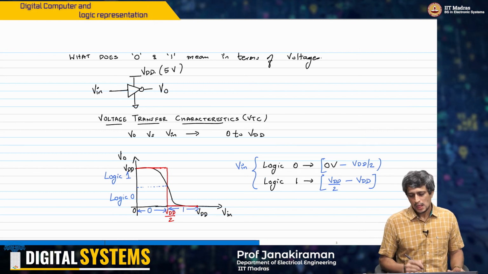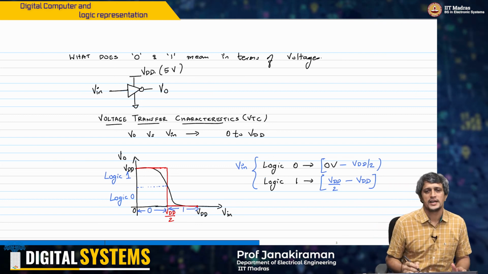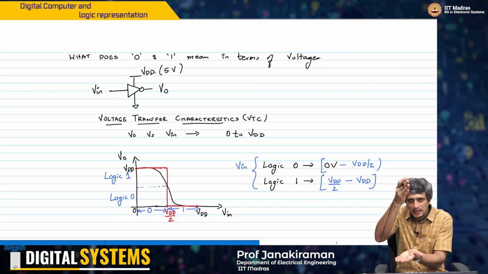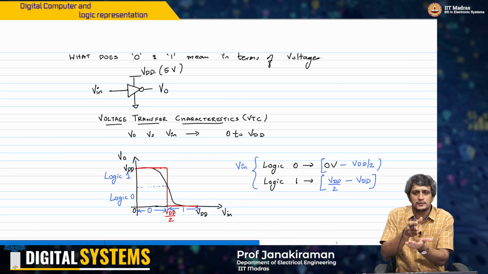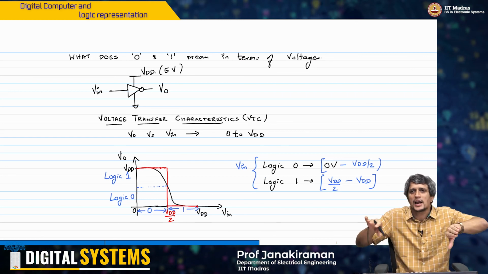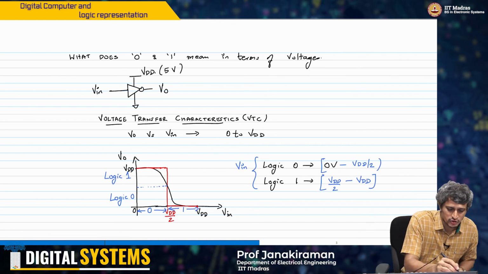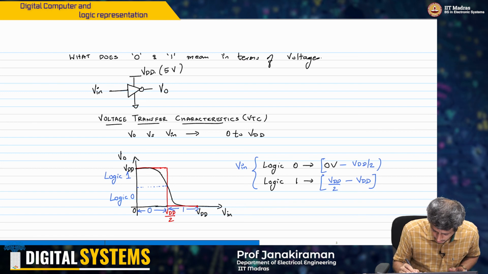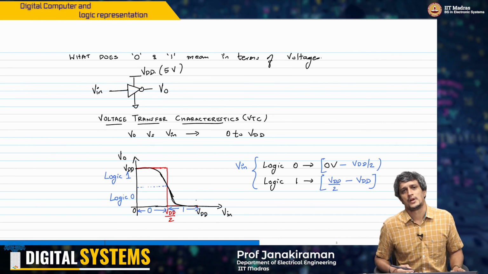However, what we see is that in practice it is not possible to achieve such a steep slope, or such a clear partition between logic 0 and logic 1. In fact, when you plot the voltage transfer characteristic in any technology, you will see that it deviates from the ideal curve and comes out to be something like this.